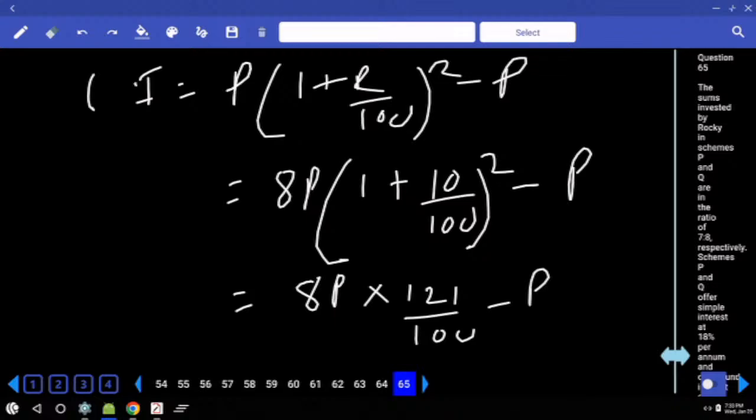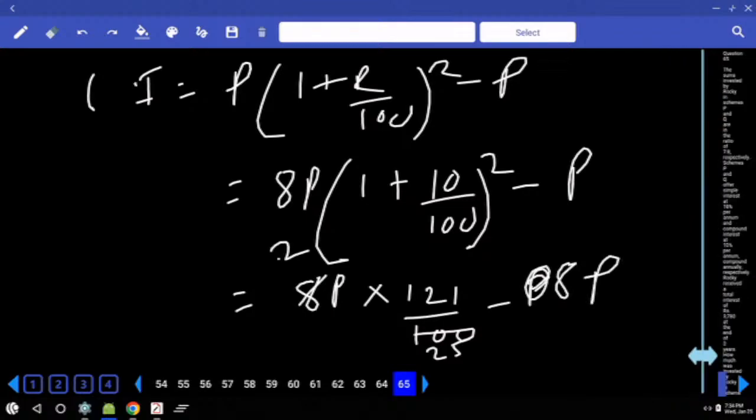Please see it all of you. చూడండి 121 by 100 కదా, ఇది 8, 4 2s, ఇదేమో 25, అంటే ఎంత వస్తుంది? 242p by 25 మైనస్ ప్రిన్సిపల్ 8p కదా ఇక్కడ, అంటే ఎంత వచ్చింది ఇక్కడ? హౌ మచ్ యూ గెటింగ్?